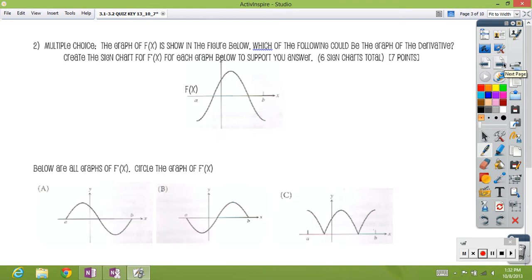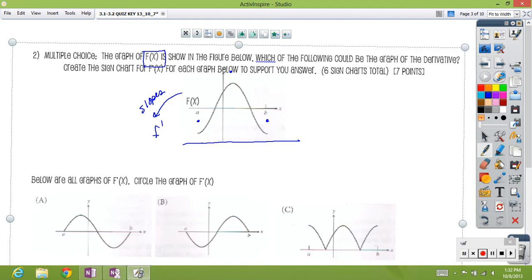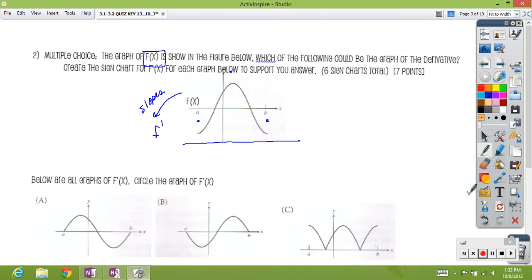Number 2, I asked you to create a sign chart for each of them. So this is the sign chart I wanted. So if I want f prime to get from here to here, I would look at slopes. So if I'm looking at slopes, I have a horizontal tangent about here, here, and here. Keep doing that.